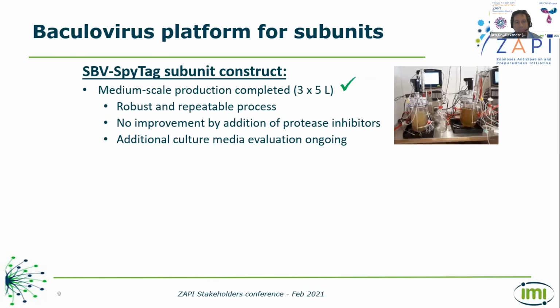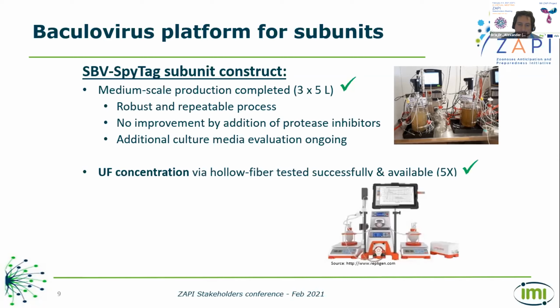Next slide, please. Nevertheless, this is the material we had, and for the project and in the timelines we use this. Next step, please. Since concentration was low, but we can deal with it, we applied ultrafiltration hollow fiber concentration processes to this and also confirmed that this is feasible and usable.